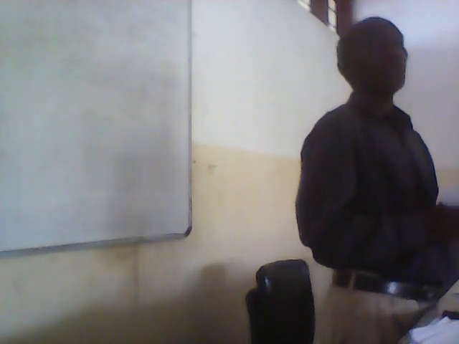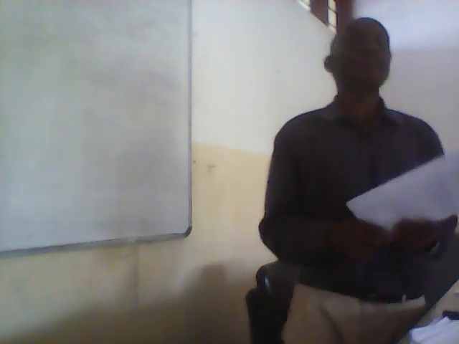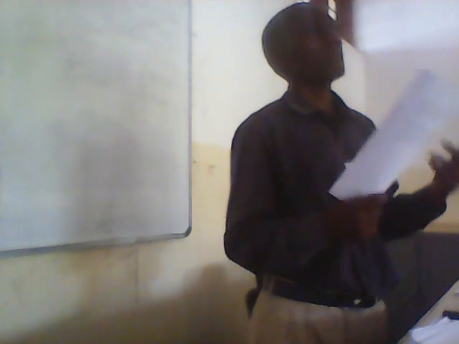Another area of interest is exchange rate determination. What are the determinants that affect exchange rates? There are several determinants that do affect exchange rates, because an exchange rate is not something that goes straight. It fluctuates.